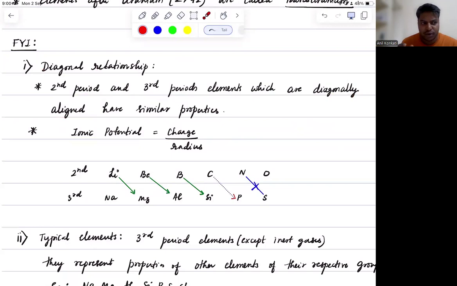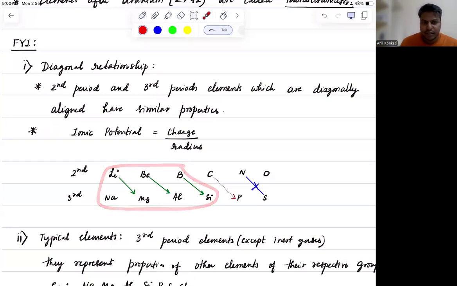How much charge they hold, like lithium plus, divided by its radius. Similarly, magnesium 2 plus divided by its radius. If that value is the same or very close, they will have a similar relationship. So lithium and magnesium, beryllium and aluminum, boron and silicon, and by the time it comes to carbon, it diminishes.